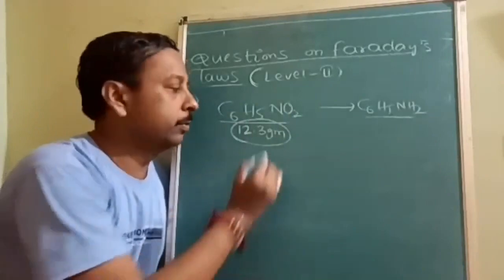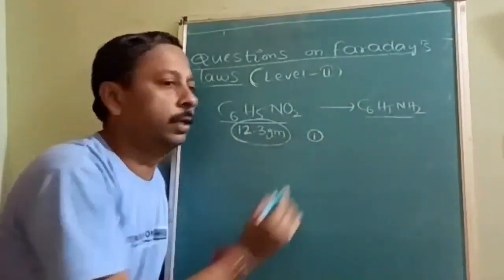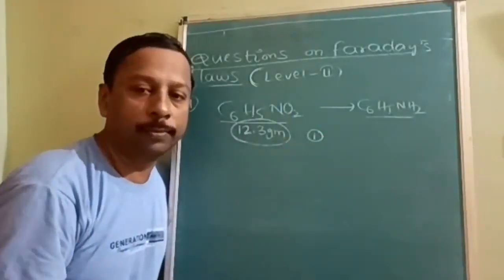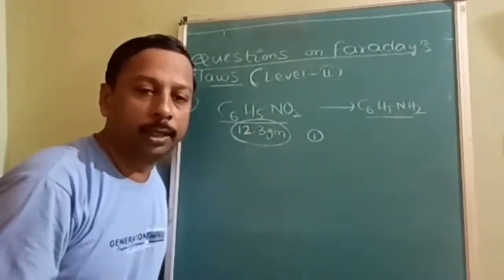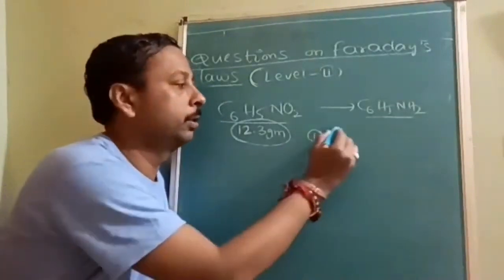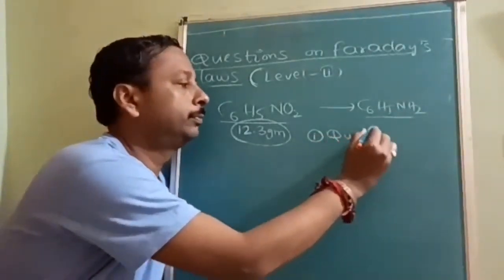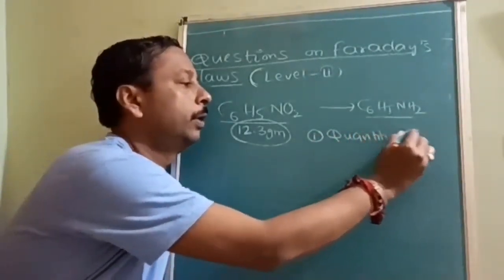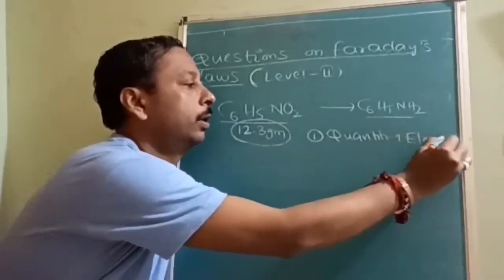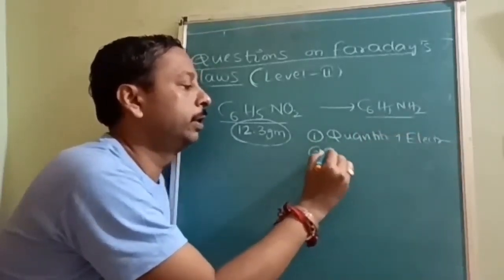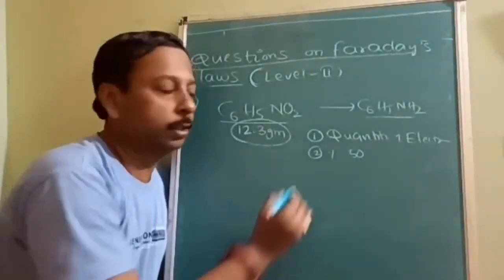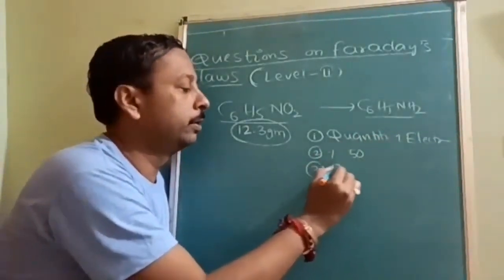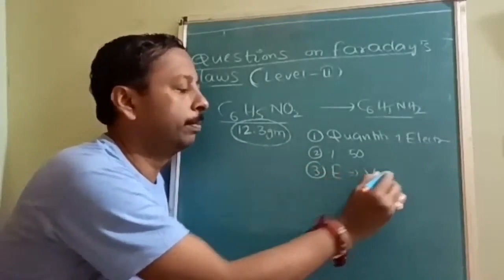The first question is the quantity of electricity required for this process. Second one, if percentage efficiency is only 50%. And third one is energy required if voltage drop is given.